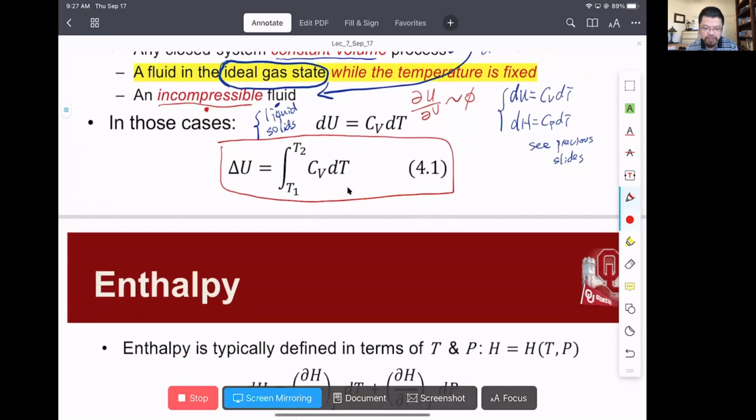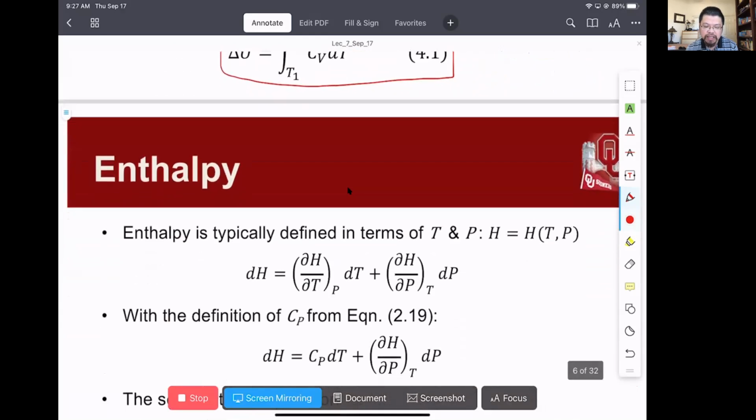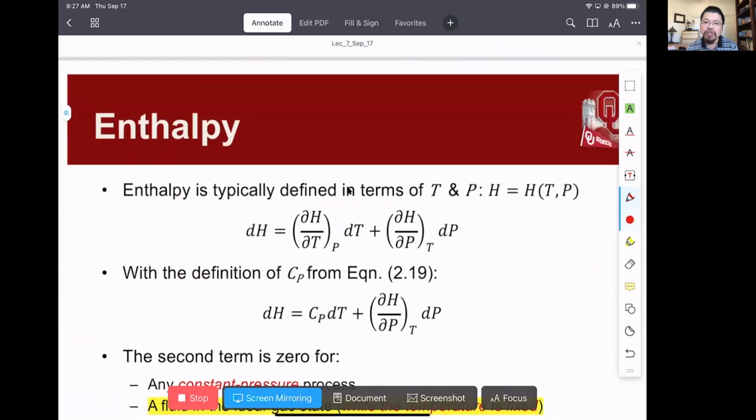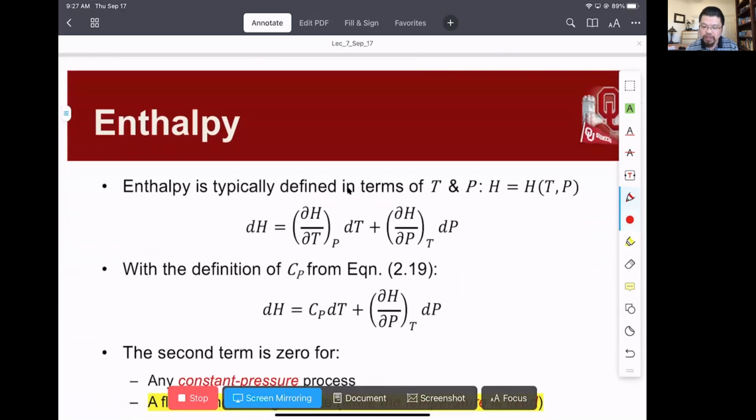When you're looking at the enthalpy, that's more or less the same story, right? We started with the understanding that enthalpy could be expressed by temperature and pressure.